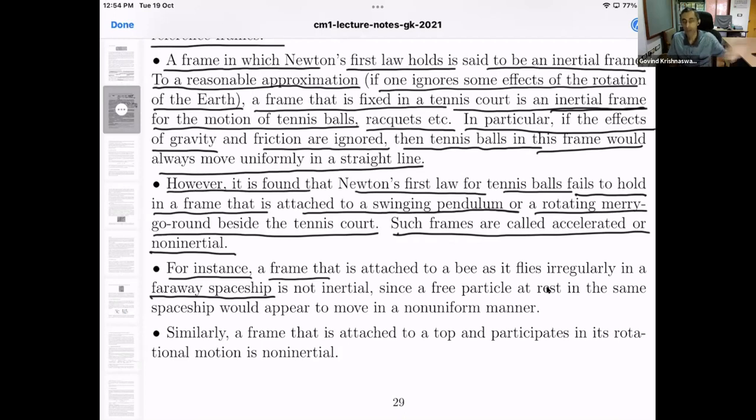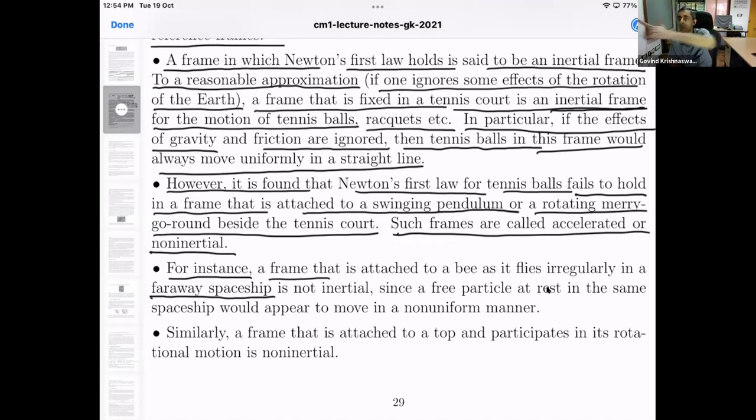We go to this faraway spaceship. We have a bee inside that spaceship, and that bee flies around the spaceship in some irregular manner. Now, suppose you have a frame that is attached to the bee. One axis points from the center of the bee to its nose, the other one towards one wing, and the other to the other wing. So you have a frame set up in the bee.